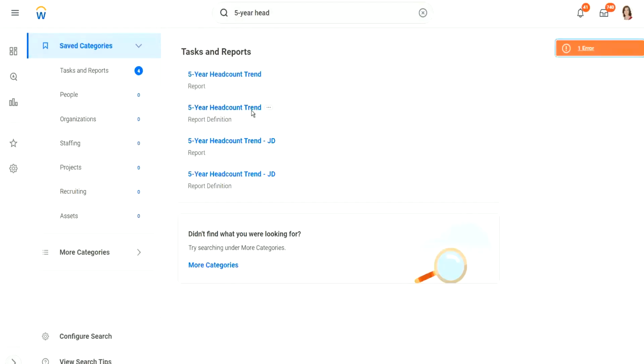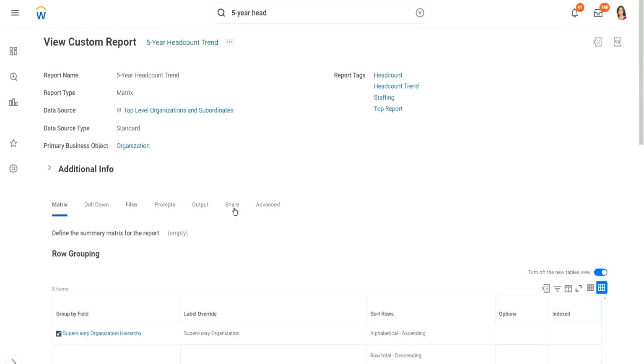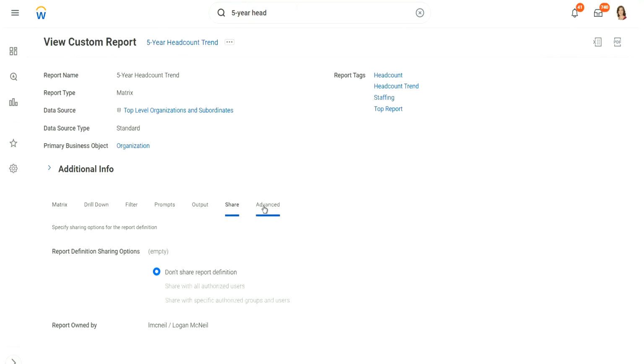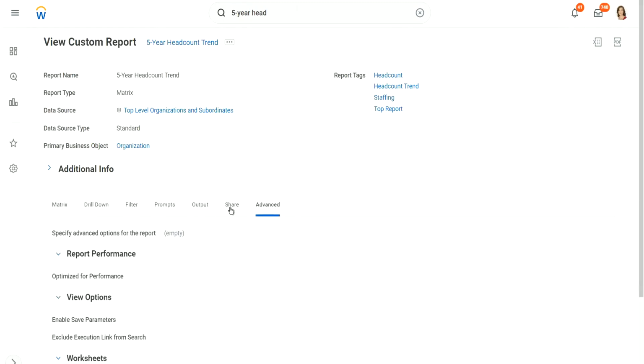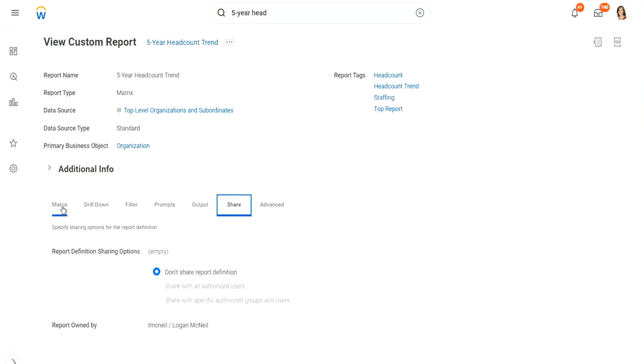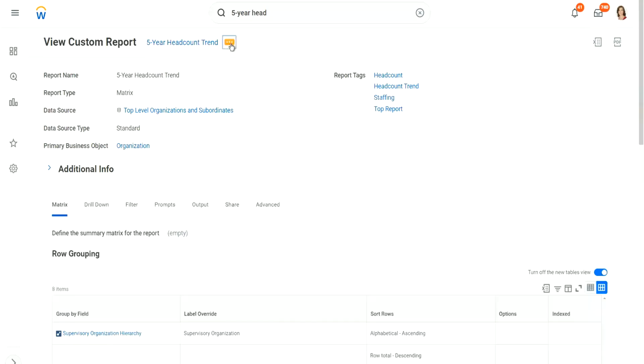Okay, no problem. Let me open the report definition. Is it shared with me? Who is the owner? Okay, so this is a custom report anyway.